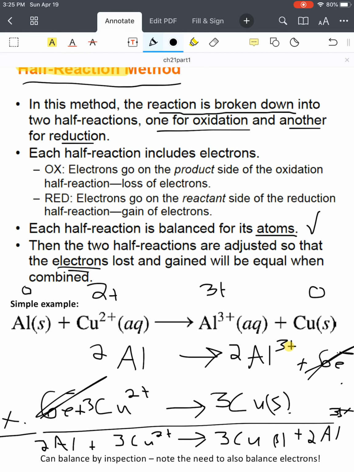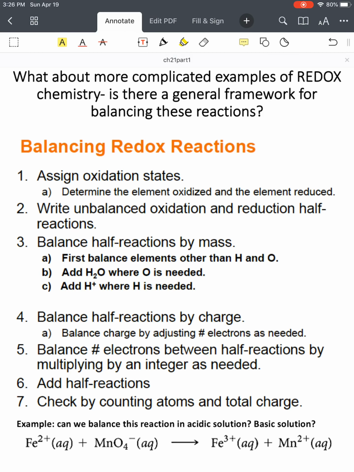But before we do, I wanted to define for you a general framework for how we're going to balance these redox reactions. There is a series of steps, and I'm encouraging you to memorize these steps because it turns out they won't fail you. It's a really safe protocol for balancing these redox reactions.